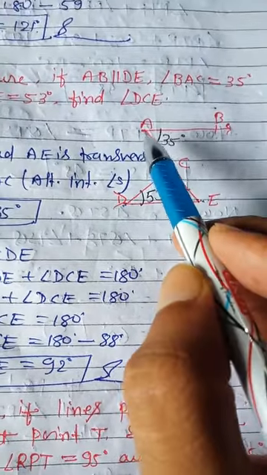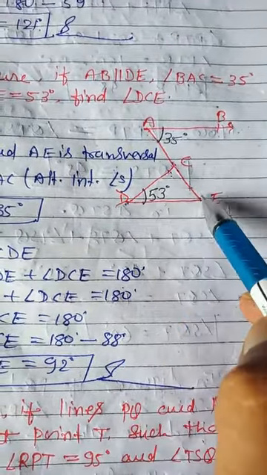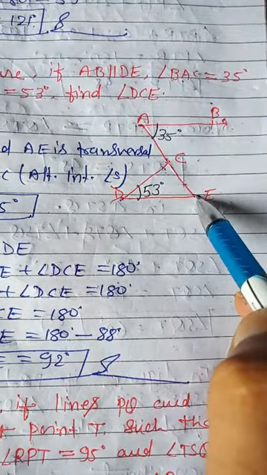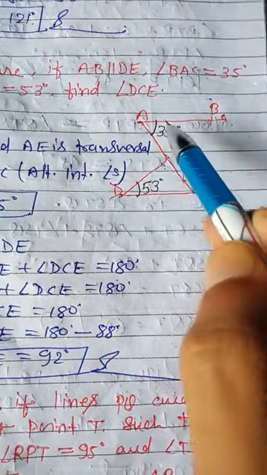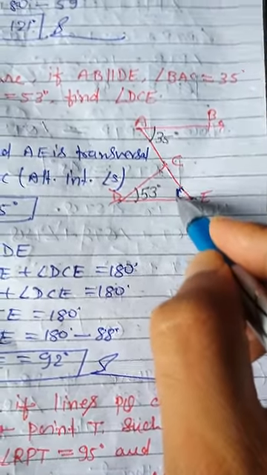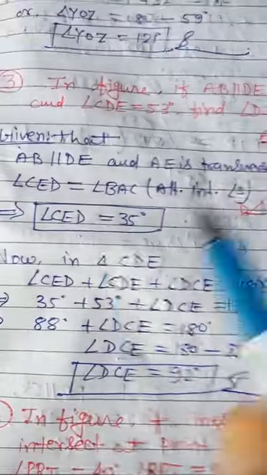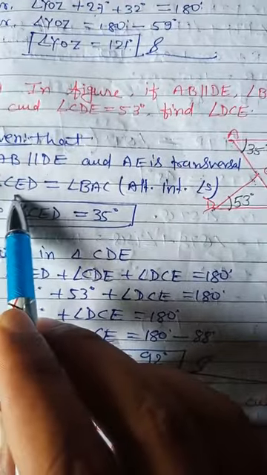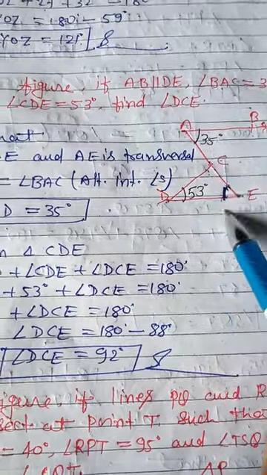Because AB is parallel to DE and AC is the transversal line, 35 degrees is equal to this angle by alternate interior angles. So we can write angle CED equal to angle BAC by alternate interior angles.